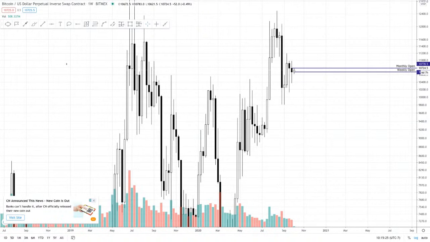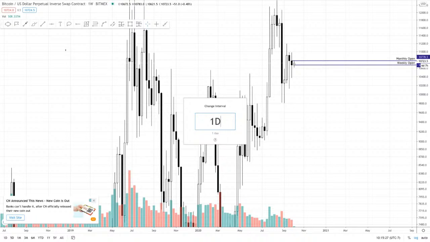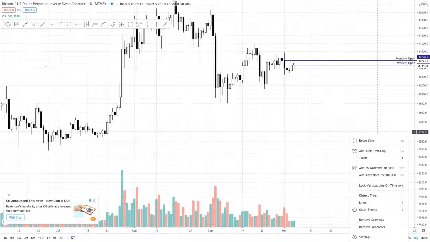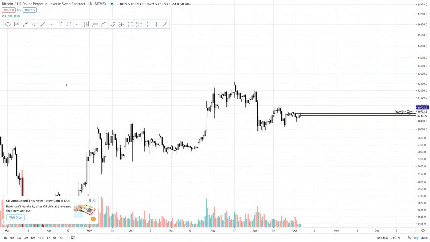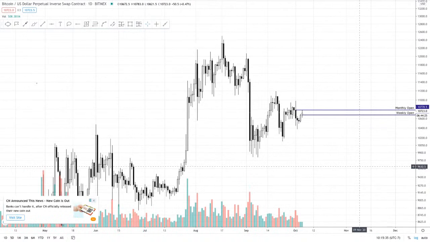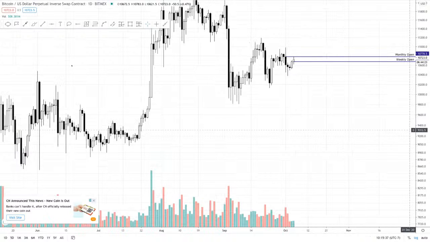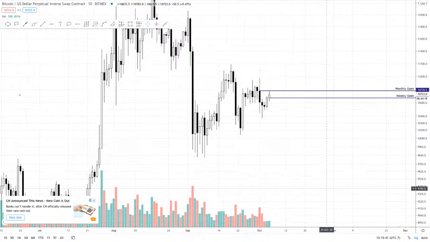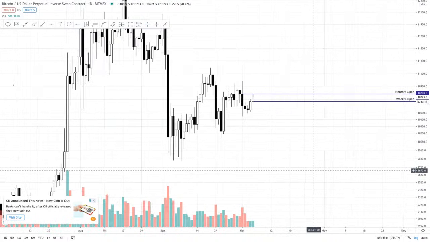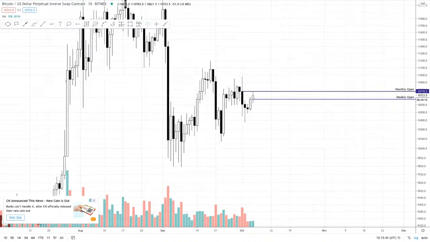All right. So now let's go to the daily. Let's see how it looks on a daily. The daily looks good. Let's put some targets.